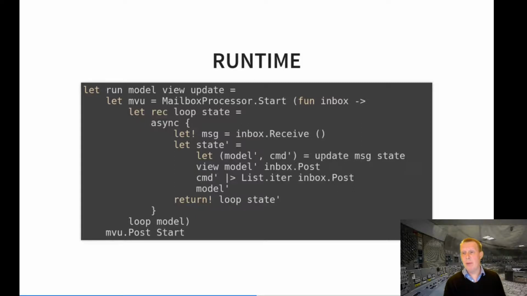And the update will return a tuple consisting of a new updated state and some commands, or a single command. We give the new updated model to the view function, and the dispatch function is just this post thing, so that the view can post new messages into this mailbox processor loop.